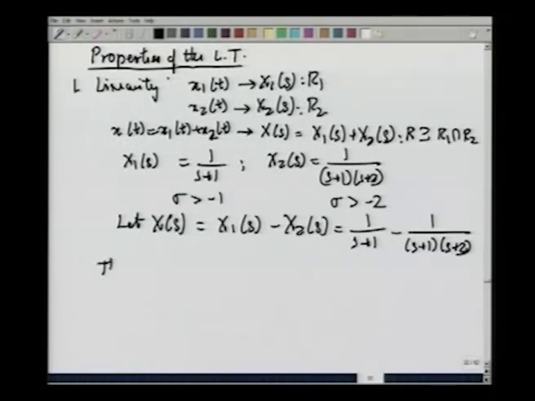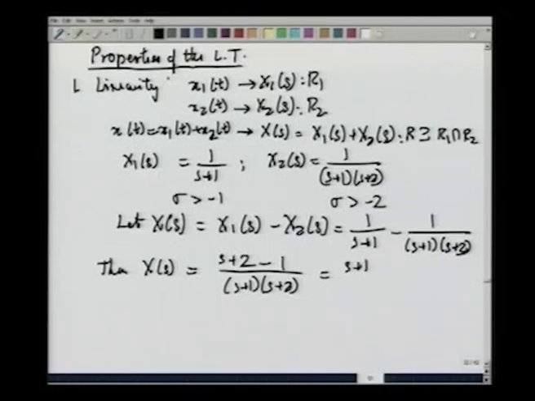Then XS equals, with a numerator of s plus 2 minus 1, which equals s plus 1 over s plus 1 times s plus 2, which amounts to 1 by s plus 2.